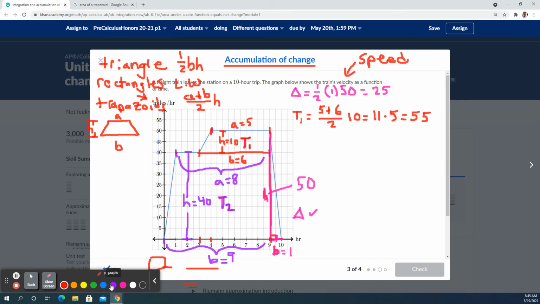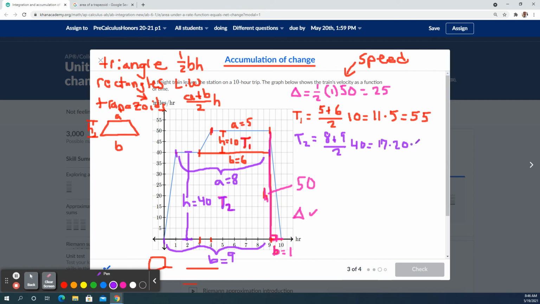And our purple trapezoid, trapezoid 2, is equal to A plus B over 2 times height. Keep reminding yourself of the formula. Try to memorize it. Always helps. A is 8 plus B is 9 divided by 2 times height of 40. Okay. 8 plus 9 is 17. 2 goes into 40 20 times.